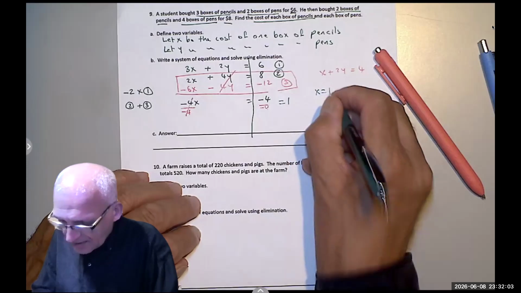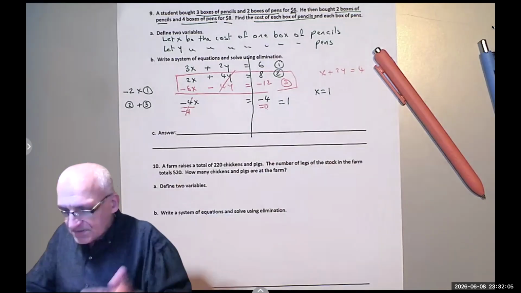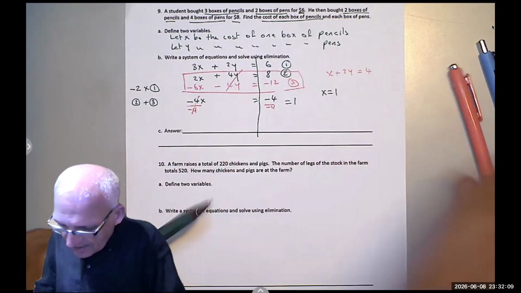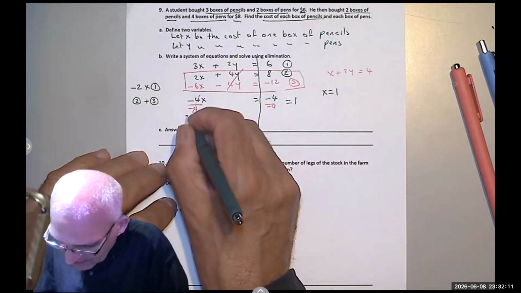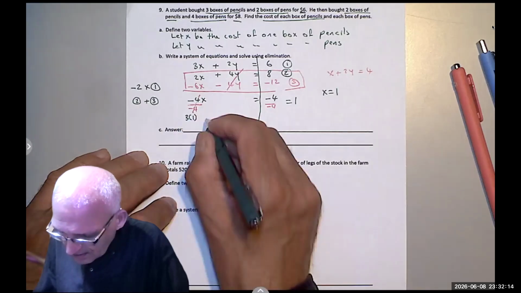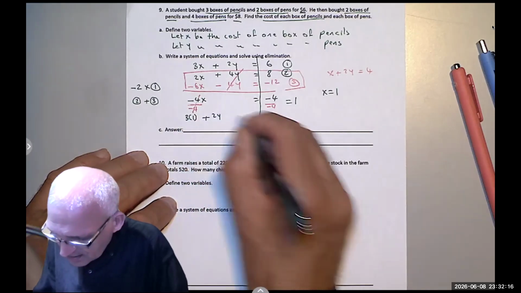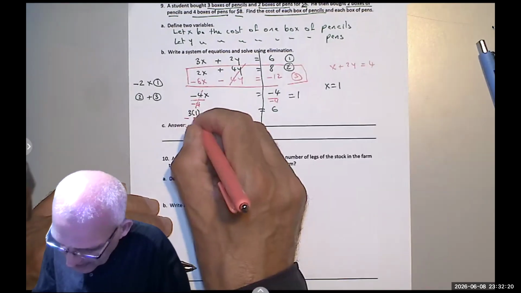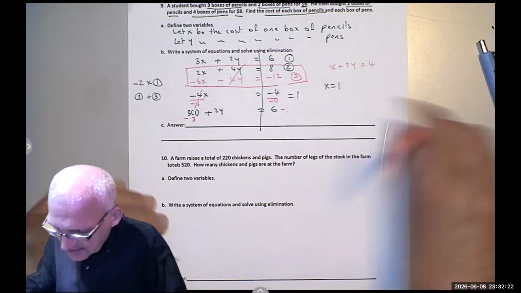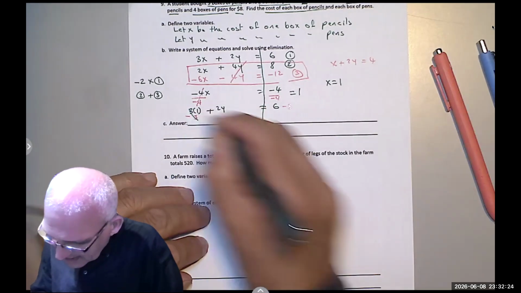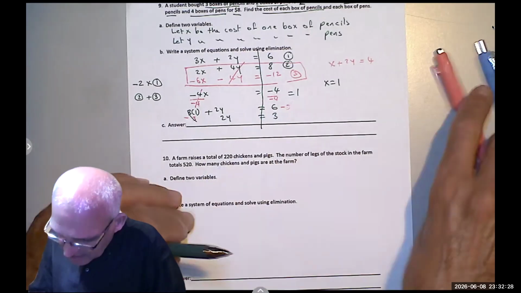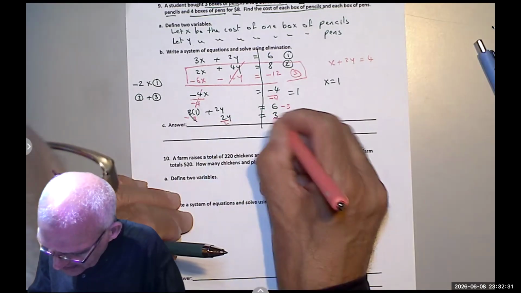X equals 1. Then I'm going to substitute in any equation. So if I substitute in the first, I'm going to say 3X, meaning 3 times $1, plus 2Y equals 6. I'm going to subtract 3 from both sides. So I get 2Y equals 3. Then I'm going to divide by 2 both sides.